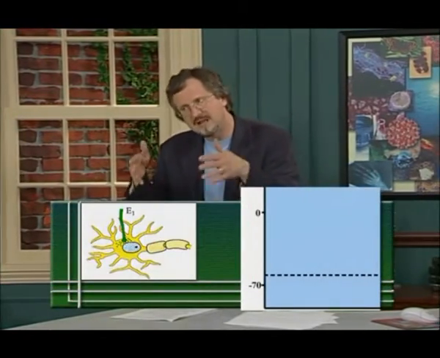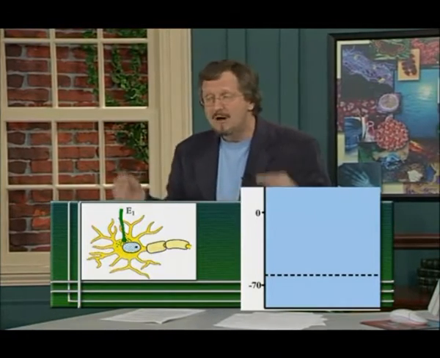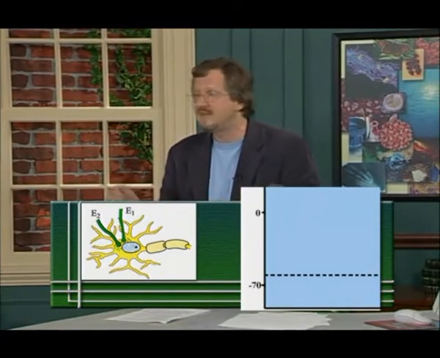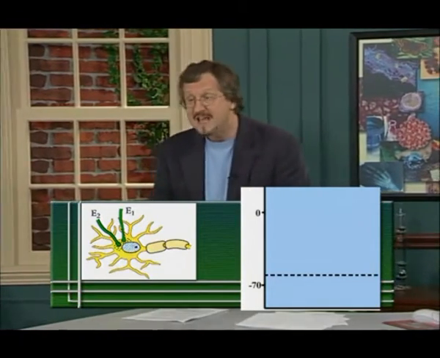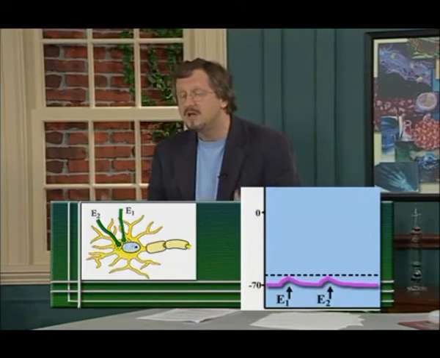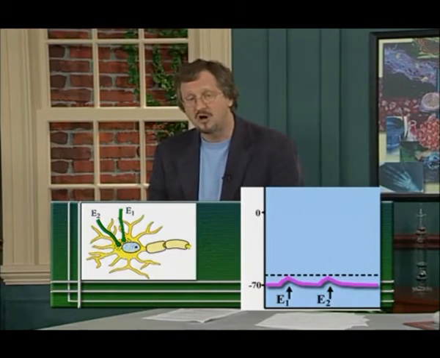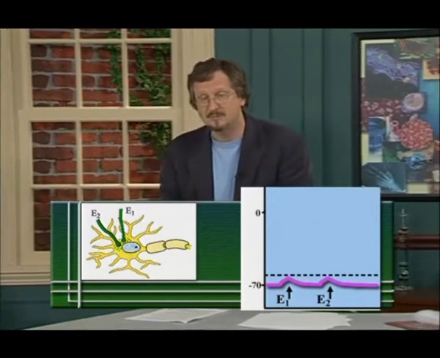Now, we can also sum synaptic inputs in space. To explain this, imagine now that we have our same neural setup with our electrode, but instead of just one synapse impinging on that cell, we now have 2 different synapses, 2 synapses coming from 2 different cells. As before, if either of those synapses fire alone, the depolarization is unlikely to be sufficient to cause the postsynaptic cell itself to depolarize enough to fire an action potential.